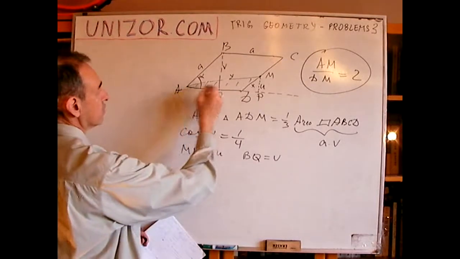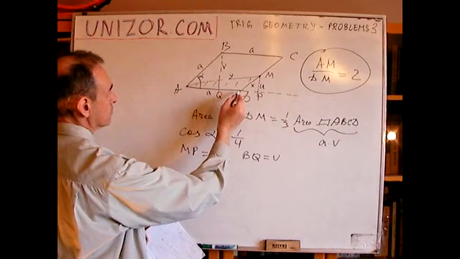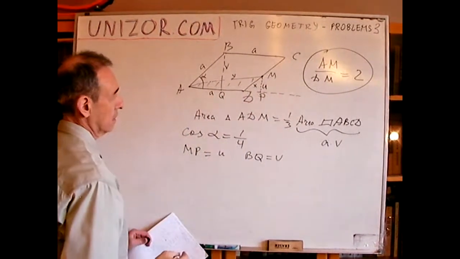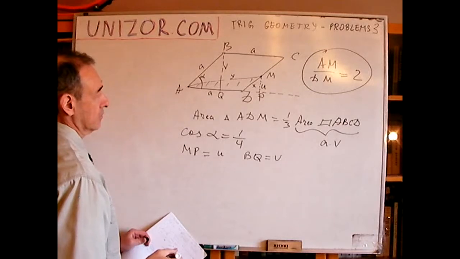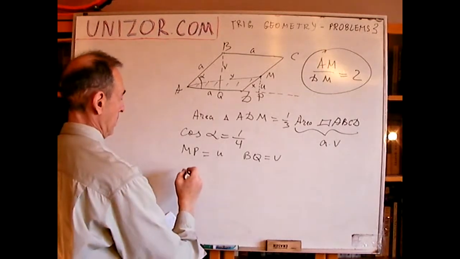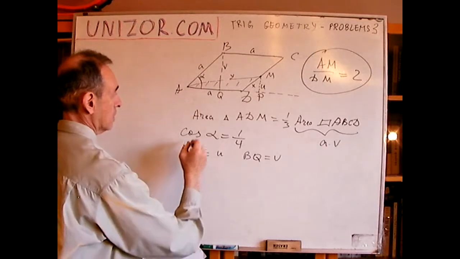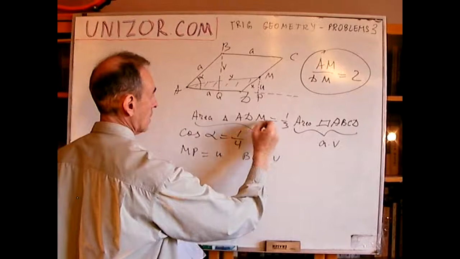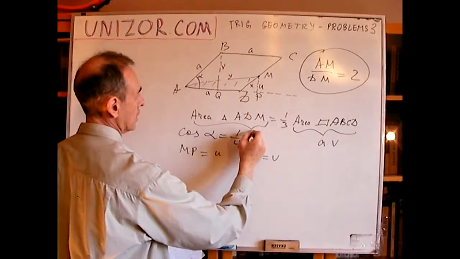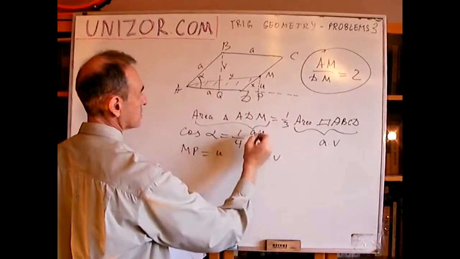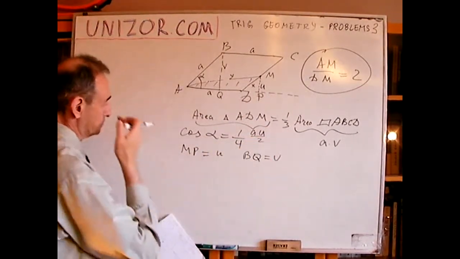Now, the area of a triangle is equal to base, which is also A, times altitude. So this is equal to A times U, but it's a triangle, so we have to divide it by 2.